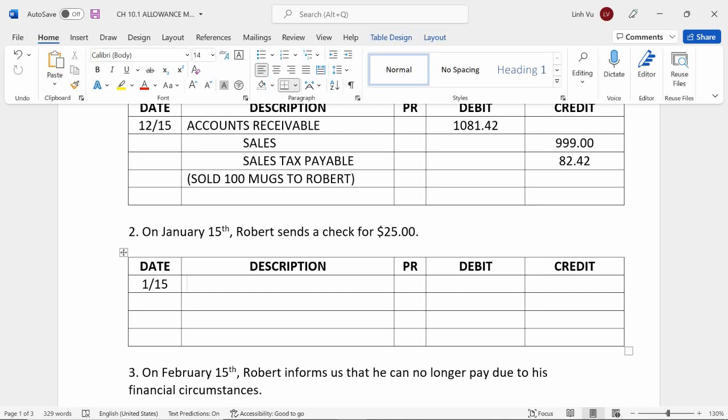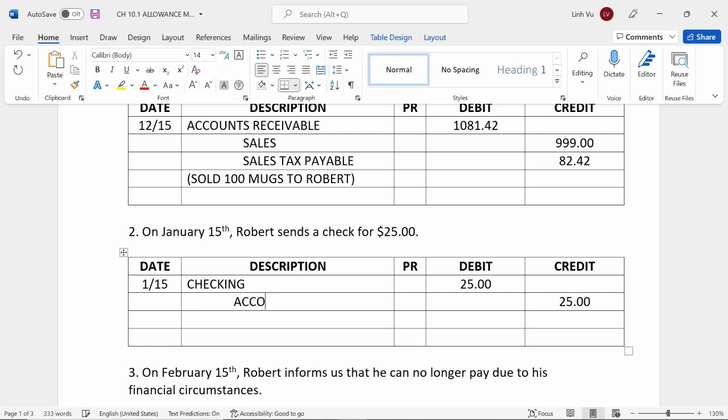What is the transaction on hand? You received a check, right? How much was the check for? $25. And you said accounts receivable, right? Yes, you're decreasing what he owes you.